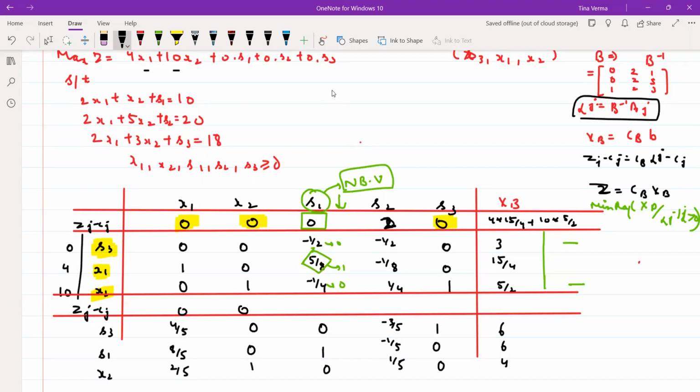And Zj minus Cj, if you apply your row operation, is coming out like this, and you can calculate the value: 15 plus 25, you got 40. So the same value you will get over here, 40, right?